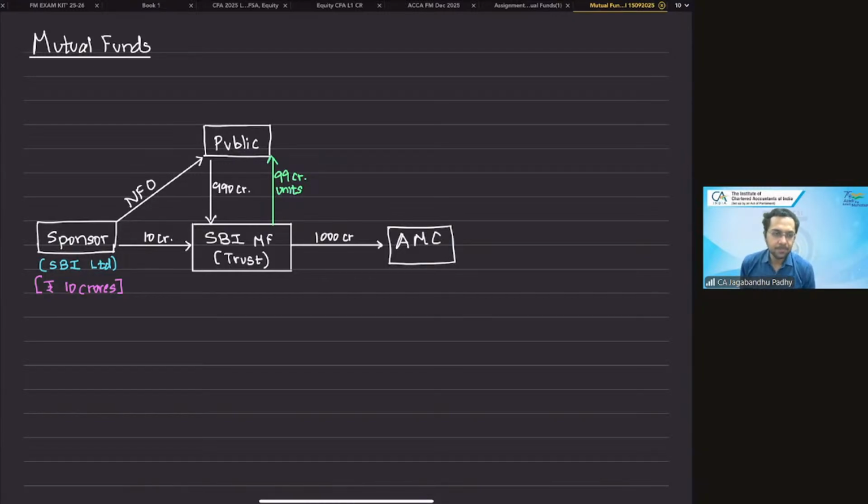But apart from that, there are many other entities which are actually involved in this mutual fund. There's also a distributor.